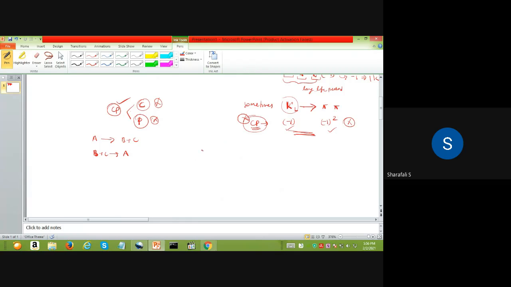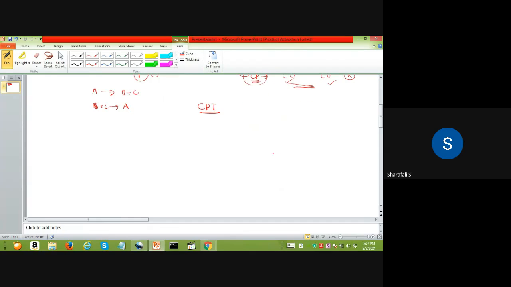Then we introduced CPT symmetry, where C is the charge conjugation, P is the parity operation, and T is the time reversal. When we introduce these three together, for any interaction you consider, you apply charge conjugation, parity, and time reversal, though this order is not necessary.